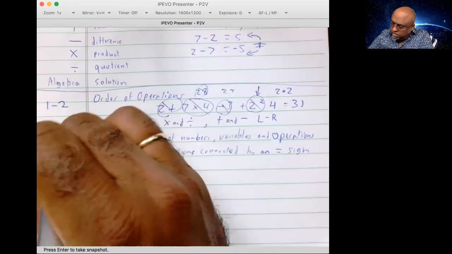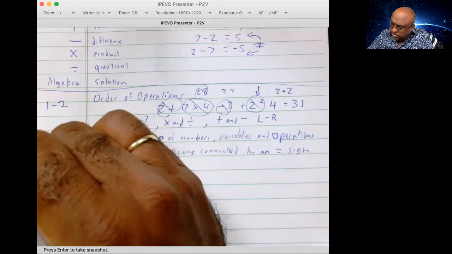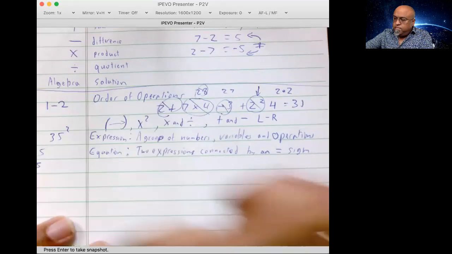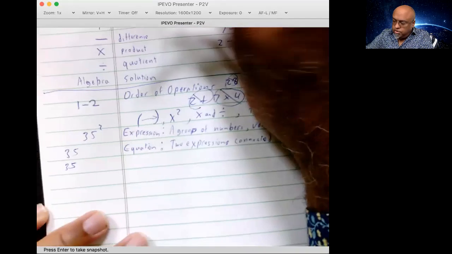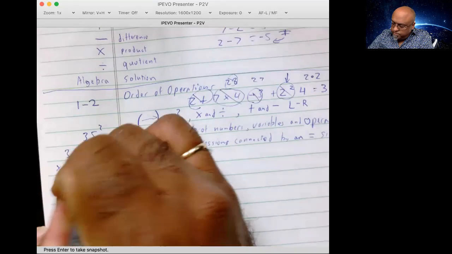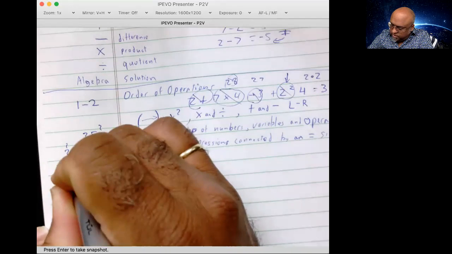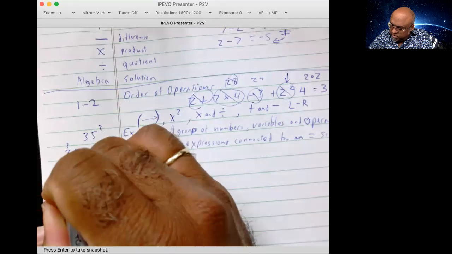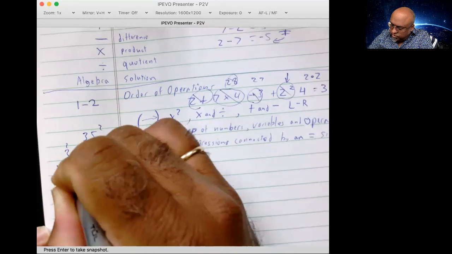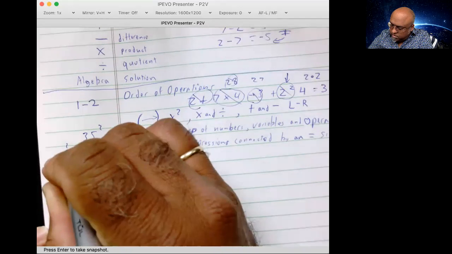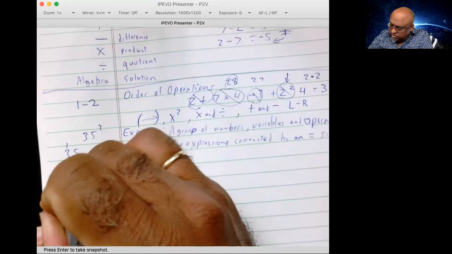35 squared means 35 times 35. Let me move the camera here just so you can see. 5 times 5 is 25. 3 times 5 is 15, 16, 17. Put a 0 as a placeholder to show that I'm done there. 3 times 5 is 15.